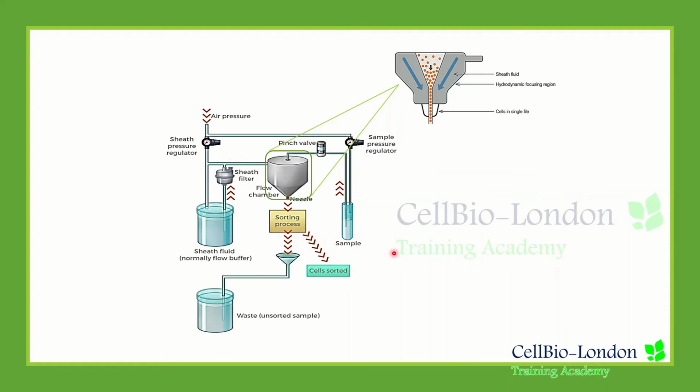The pathway that fluids follow is from the flow buffer and sample, then to the cell flow nozzle, and then the collection tube to the waste. So it passes from the sample flow to the nozzle, where the cells become ordered one cell at a time to be measured, and then there is a waste product outside here.